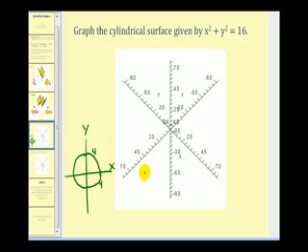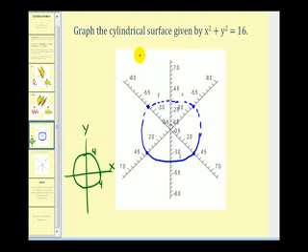If we were to sketch this on the xyz coordinate system, the x and y intercepts would be positive 4 and negative 4. So let's go ahead and plot those. So this would be the generating curve, and all the rulings would be the lines moving up and down that intersect this curve.